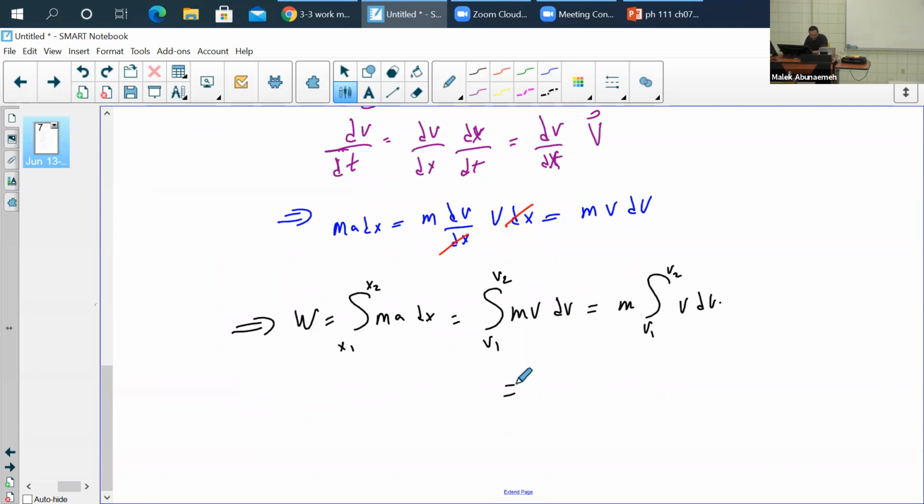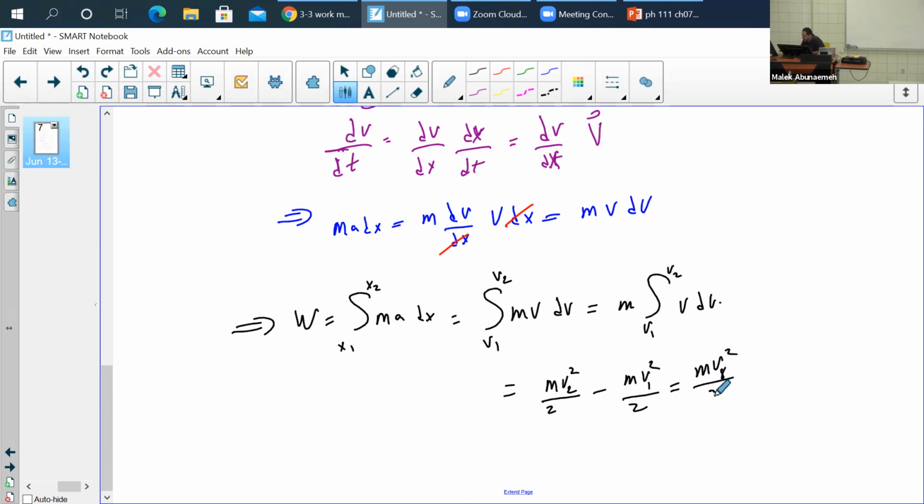Solving this one, you're going to have m v squared over 2, going from v2 minus m v1 squared over 2, which we probably should have written as initial and final.